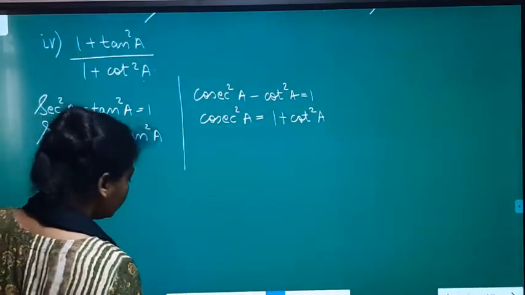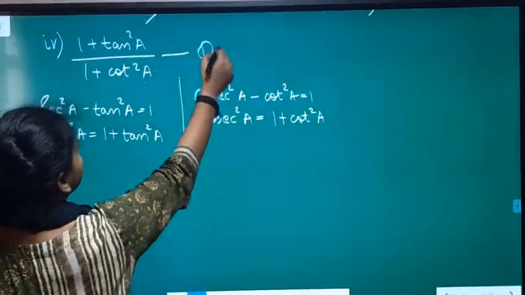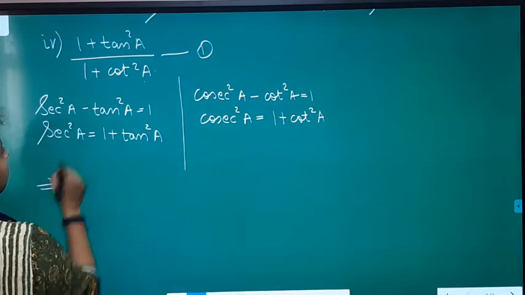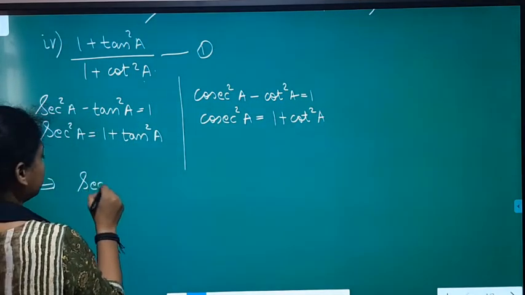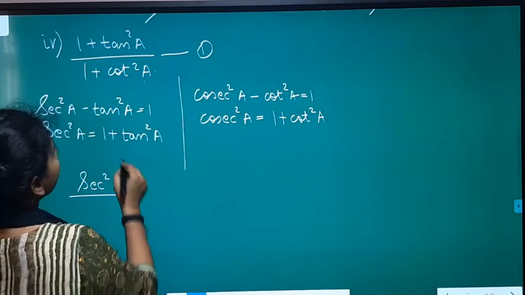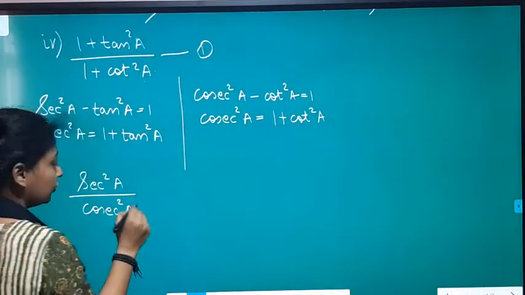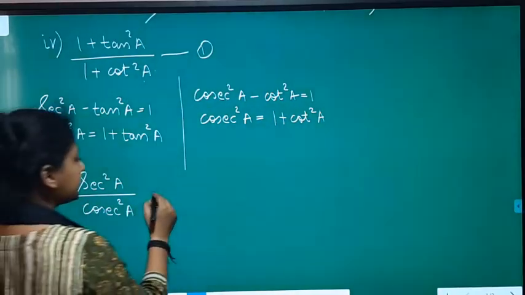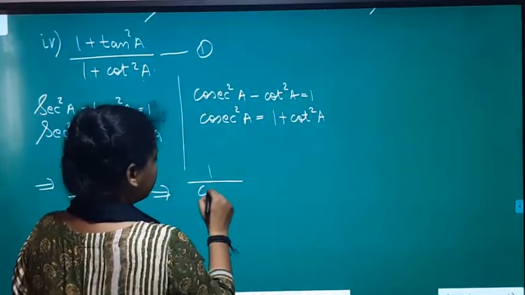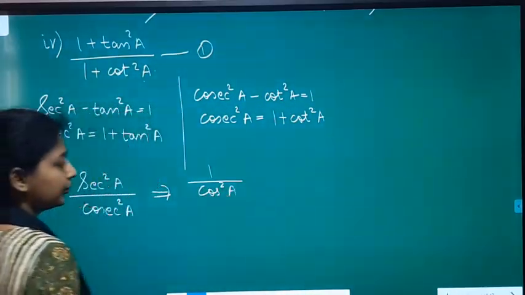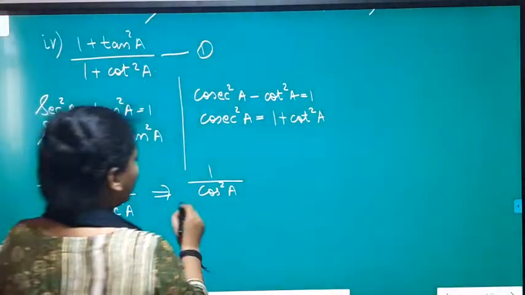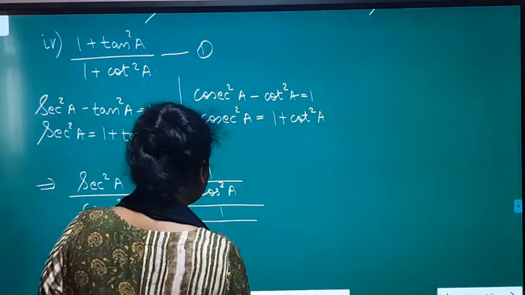So keeping the values from here, 1 plus tan square A equals sec square A and 1 plus cot square A equals cosec square A. What is sec square A? We can write this as 1 upon cos square A. And what is cosec square?